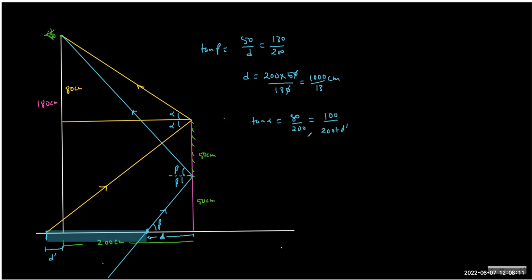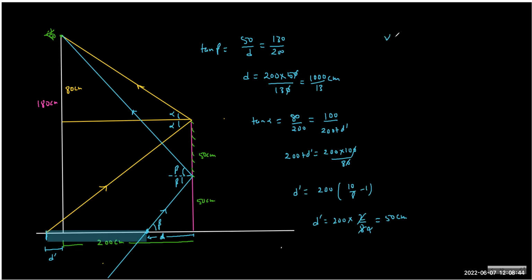That's correct. So 200 plus d dash turns out to be... so d dash is how much? 200 into 2 by 8, 450.